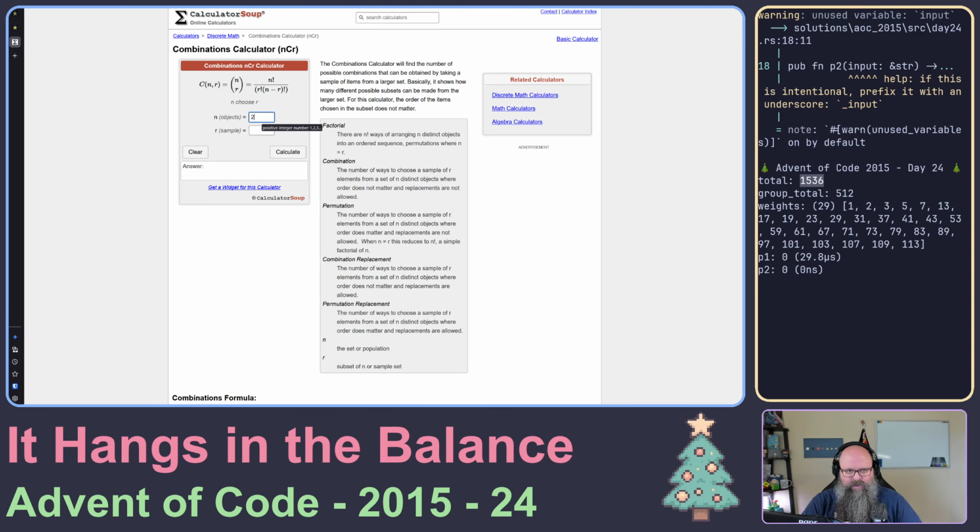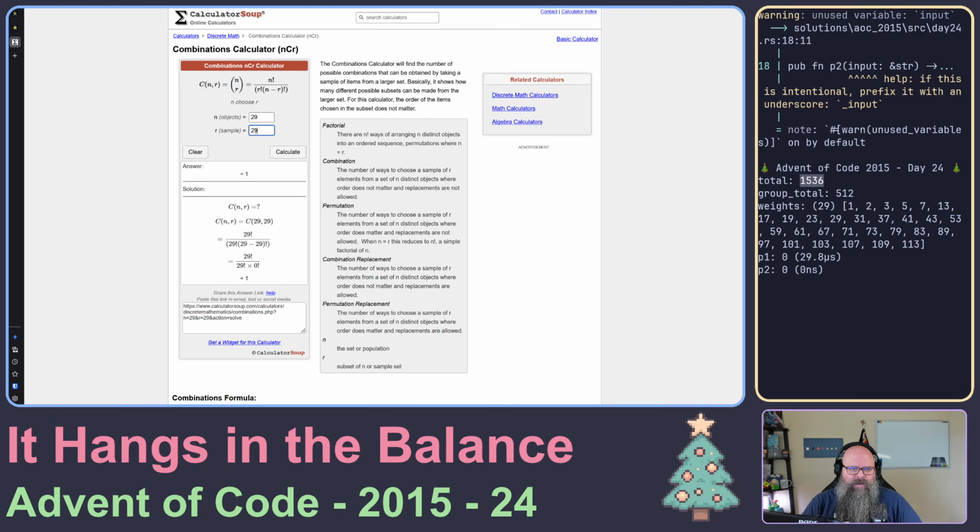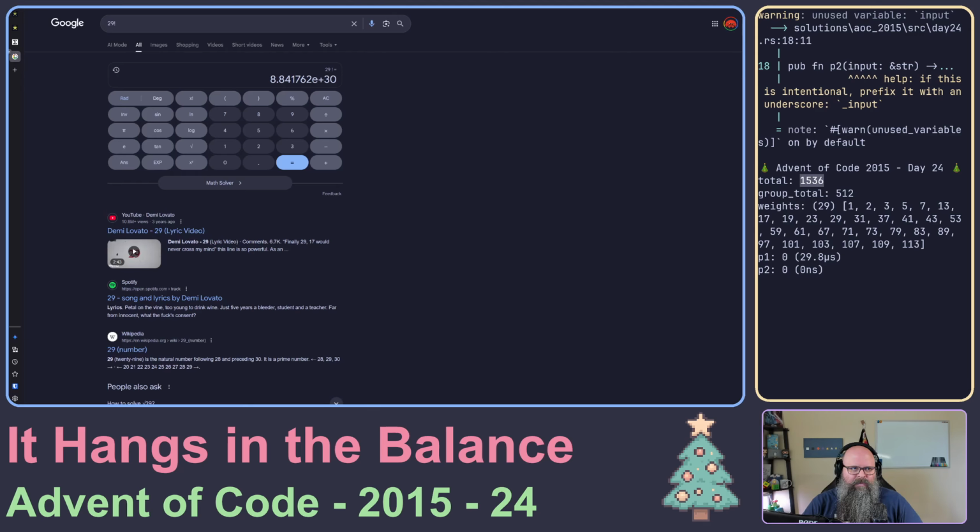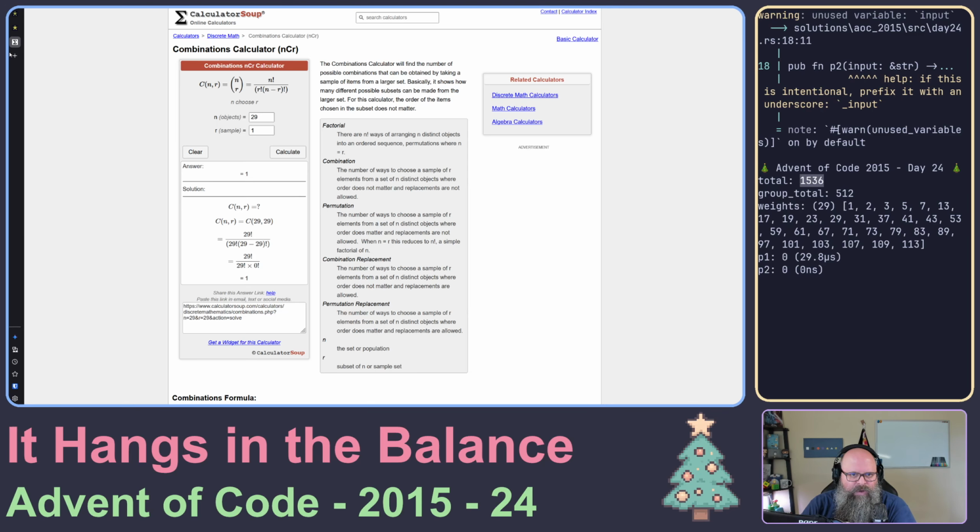Well, I guess we could do it right here. It's this, right? 29 factorial is 8e to the 30. So we're in the decillions or whatever. An absurdly large number, which is not very helpful.